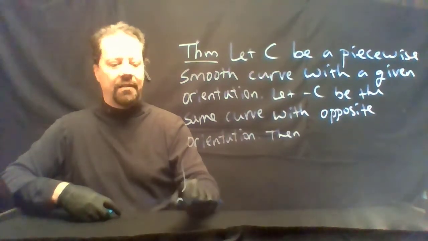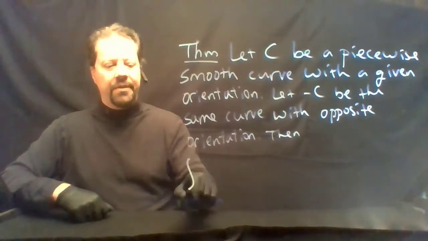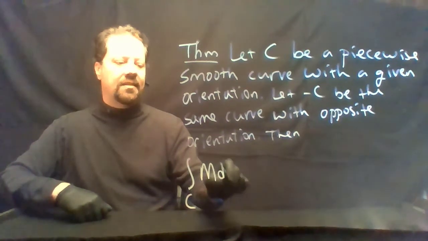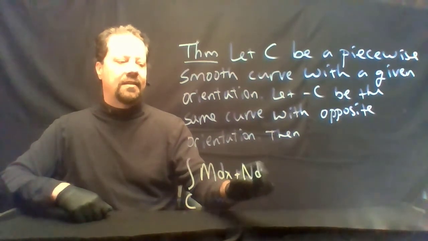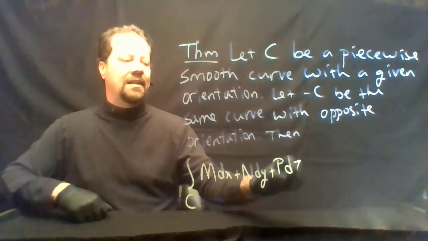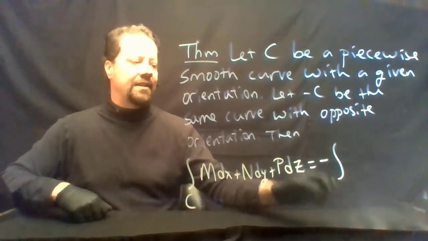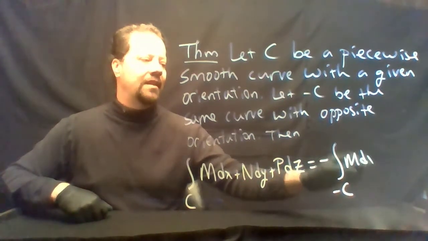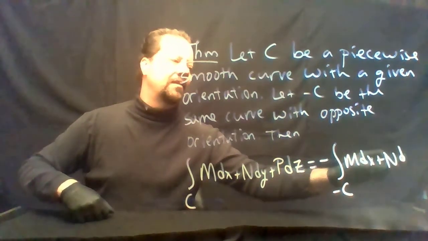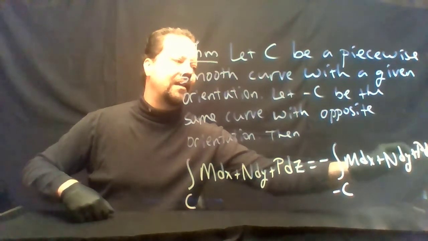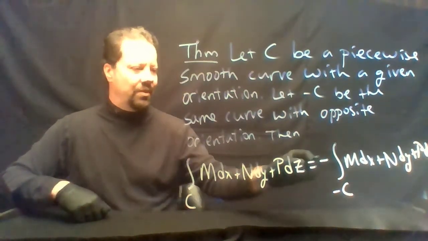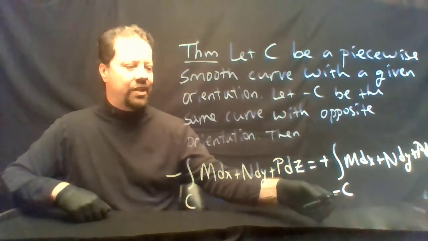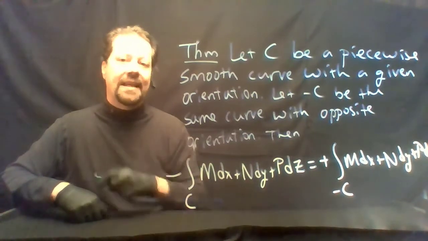Then if we were to integrate along C, M dx plus N dy plus P dz, you'll get the opposite if you integrate on the curve having the opposite orientation. M dx plus N dy plus P dz. You can move the minus over here if you wish. You can see that changing the orientation on the curve gives you the opposite sign.